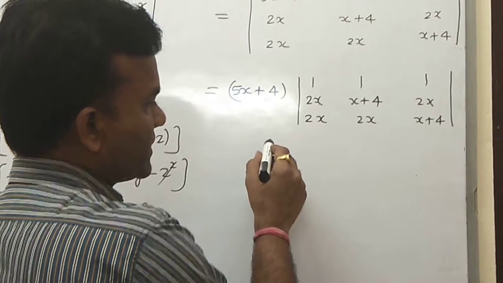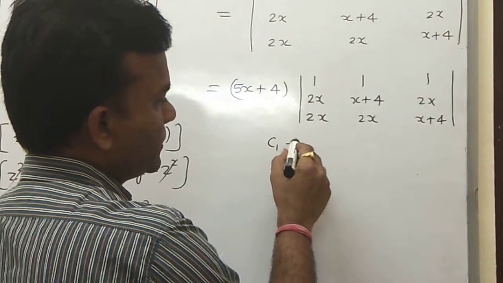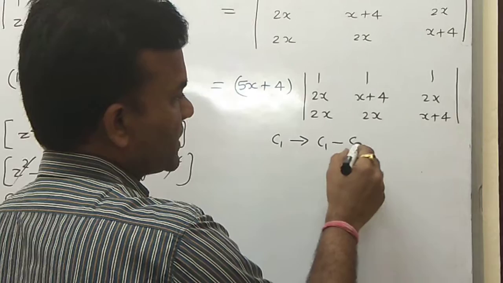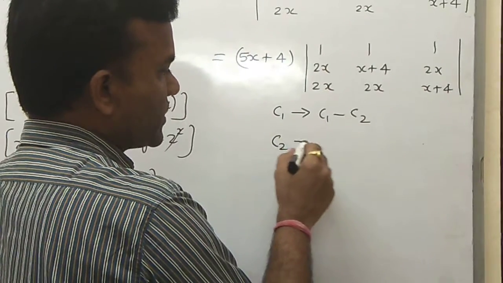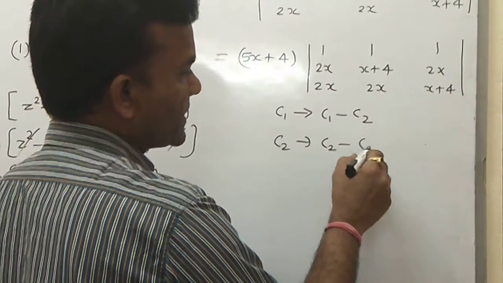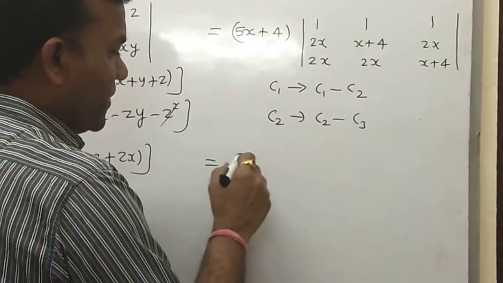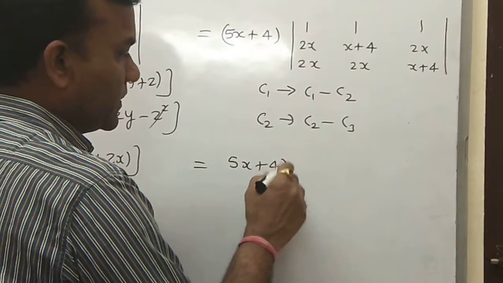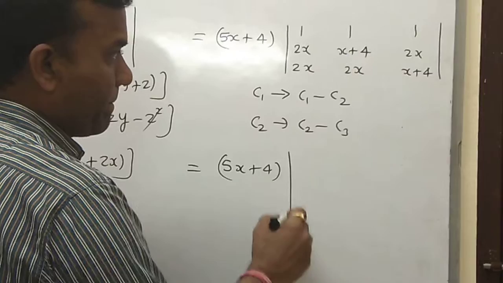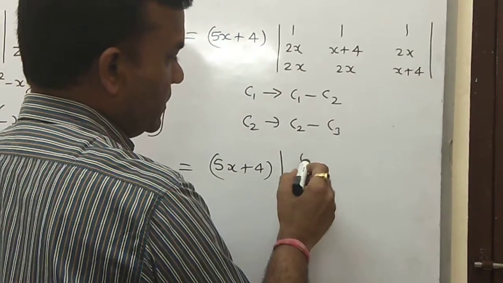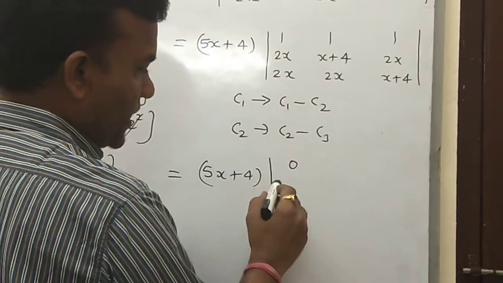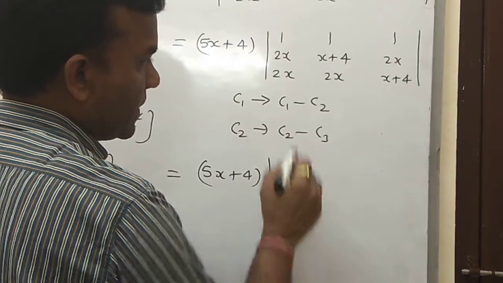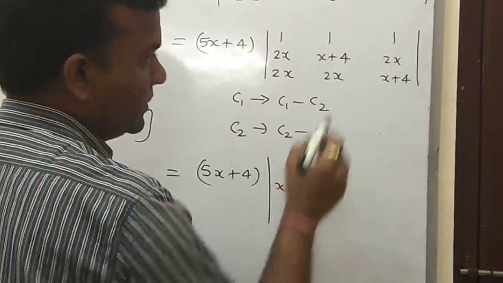So you write down C1 tends to C1 minus C2 and C2 tends to C2 minus C3. So 5x plus 4, and then this 1 minus 1 is 0, 2x minus this, so x minus 4, and 2x minus 2x is 0.